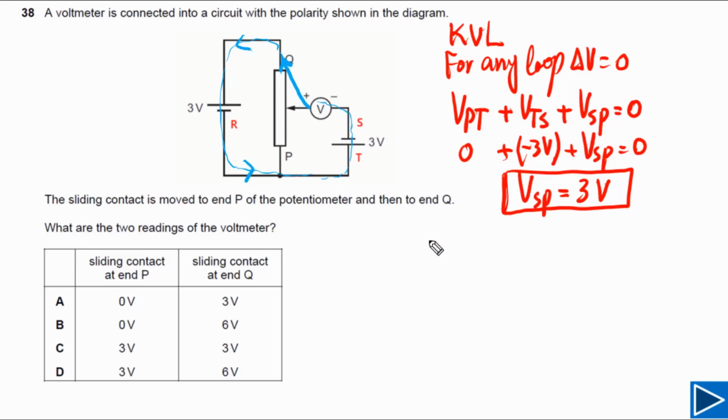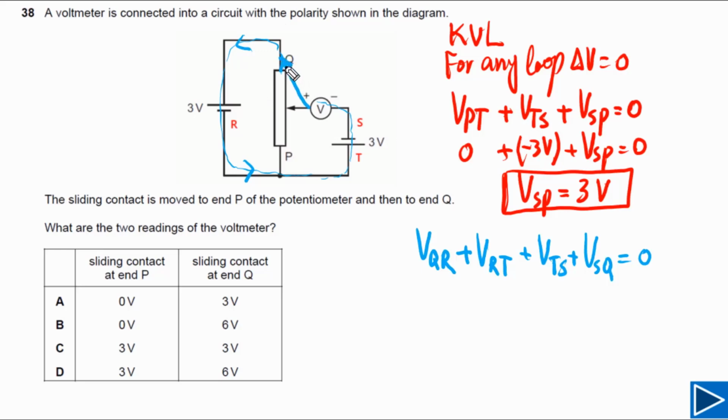For this loop, you can see the potential difference between Q and R, VQR, plus the potential difference between R and T, VRT, and the potential difference between T and S, plus VTS, and the last one between S and Q, VSQ. All has to be equal to 0 because we started from this point. If we come back to the same point, the potential difference has to be equal to 0.